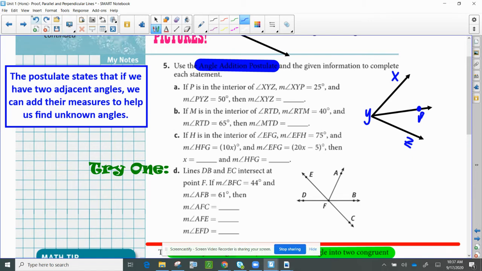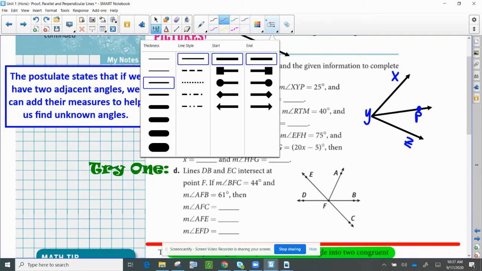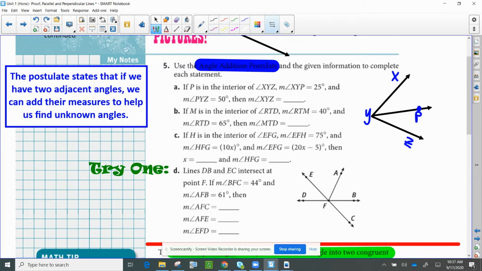It's kind of a sloppy P. There we go. So let's label our given, and then we'll find what we're missing. The measure of angle XYP is 25, and the measure of PYZ is 50.